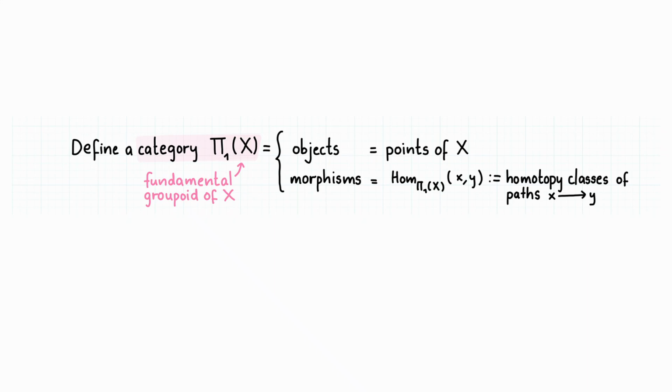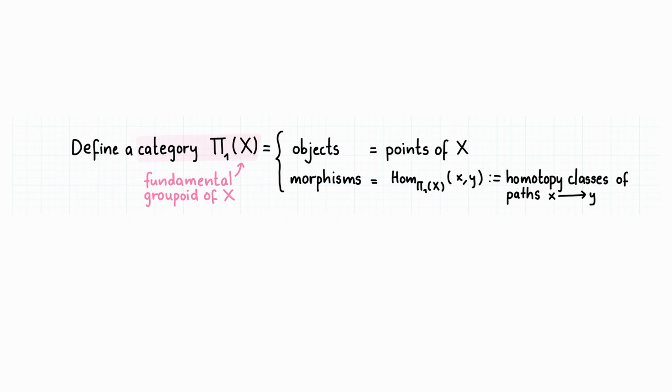And this gives us a category, and this is much better than the fundamental group, which was discussed. For one, it doesn't depend on some choice of base points, and it also has more information than the fundamental group. First of all, you can get the fundamental groups out of this category. If you look at the paths from X to itself, which are just loops, you get back the fundamental group of the space, and it also has the path components of the space in it.